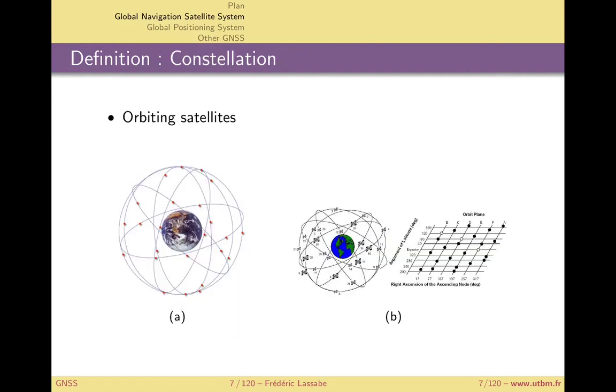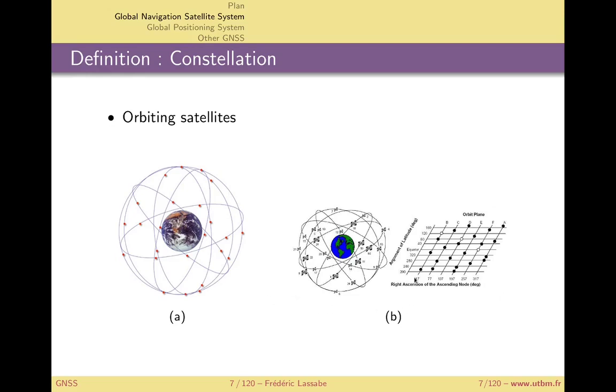The constellation of a global navigation satellite system is the set of satellites which are orbiting Earth and providing this navigation satellite system service. So usually, always, these satellites are scattered over several orbits so that they will cover all of the Earth at any time.